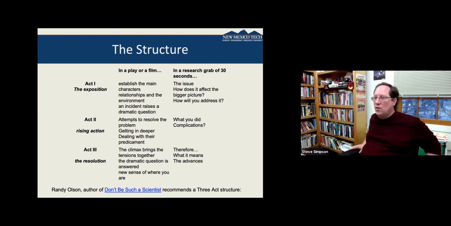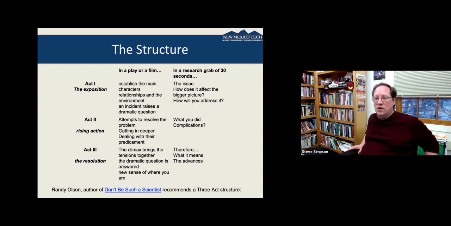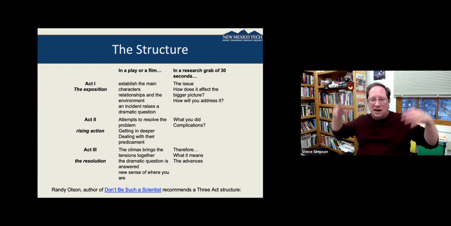If you're spending more than a minute laying out the initial situation, then you're going to take too much time for the rest of your presentation. In this one, you need something that grabs their attention. You want to explain what the issue is. What effect does this have on the bigger picture?